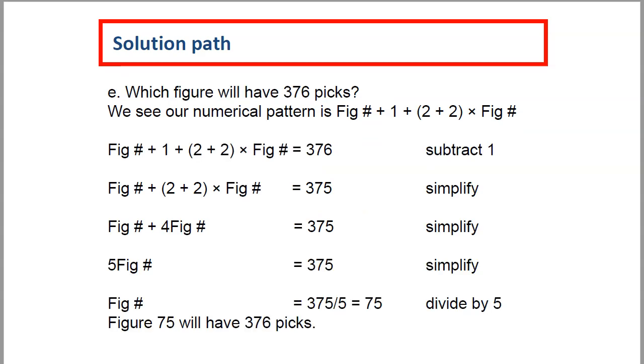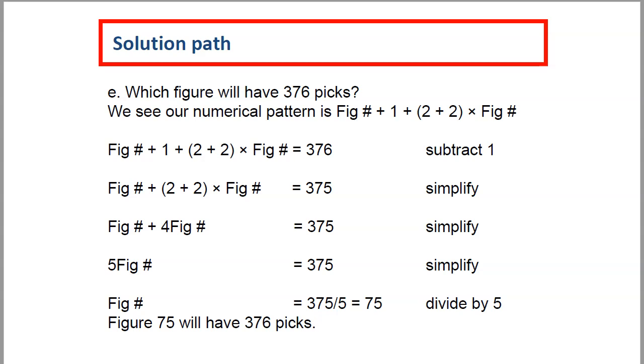For part E, the question is, which figure will have 376 picks? We can use our numerical pattern, the figure number plus 1 plus 2 plus 2 times the figure number, and solve for 376. So we set that equal, and then we subtract 1, and we get the figure number plus 2 times the figure number equals 375.